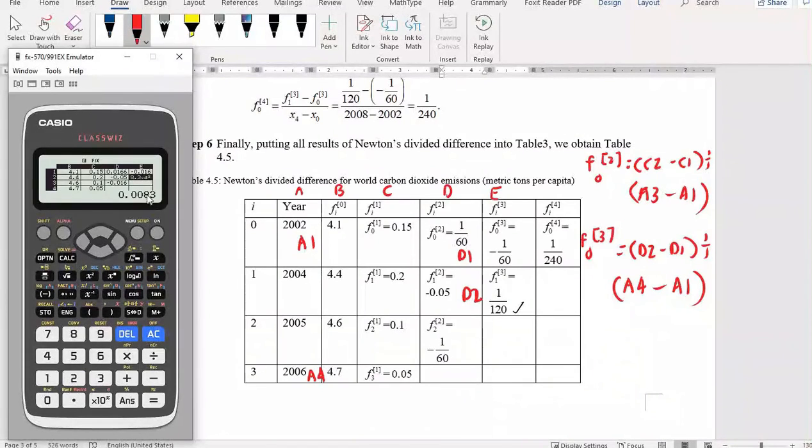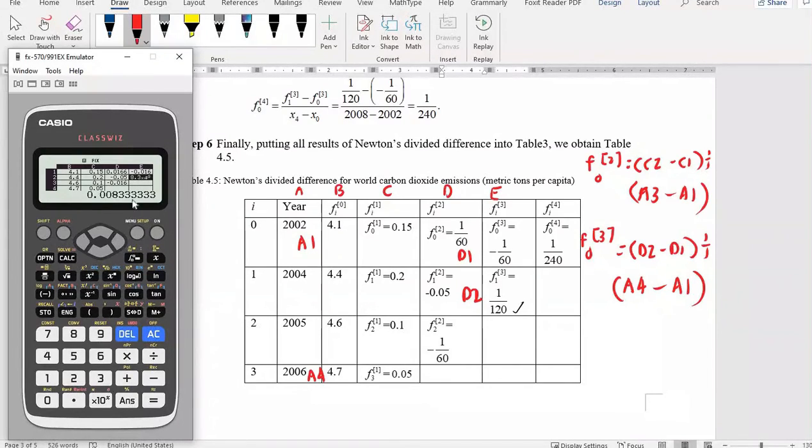Then you can see, because I have fixed to 4 decimal places already. If you want to see more decimal places, you can go to shift menu, number format, fix, let's say pick 9, then you can see.